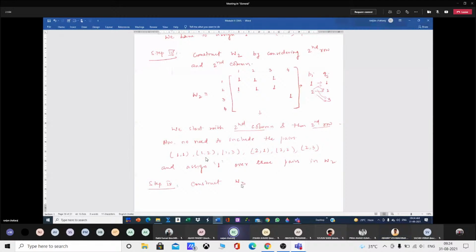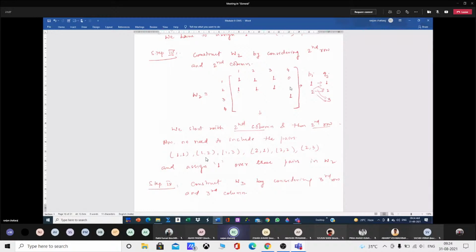W3, by considering the third row and third column, and W2 as usual, and give it here 0.